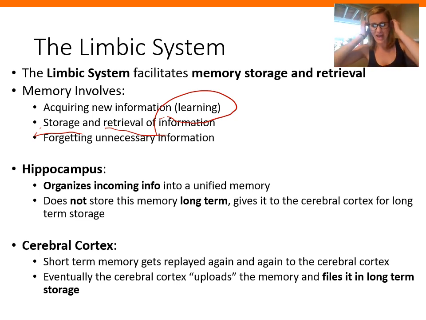We don't need to have access to absolutely everything that happens to us, everything we see. There's a lot that happens that we don't need to know, we don't need to keep. So forgetting unnecessary information is a really important part of memory.